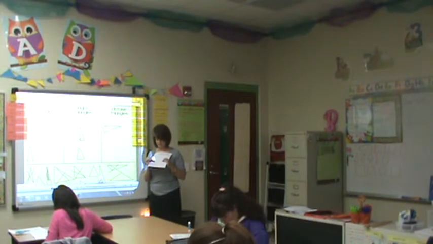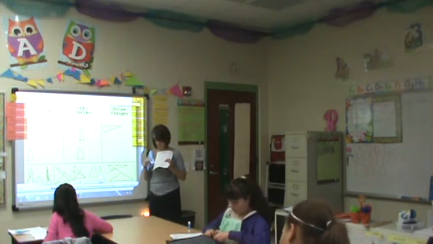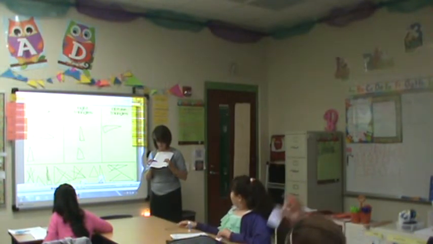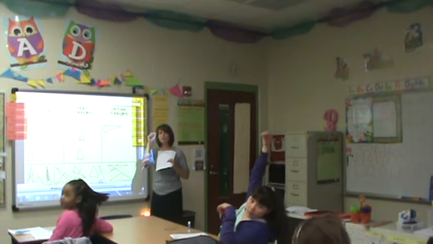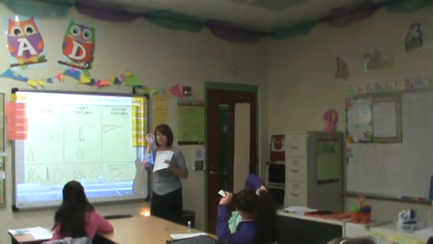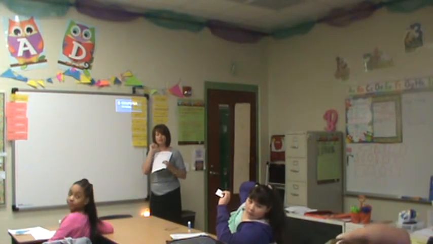Just about out of time. Everybody be measuring so you can help her out. Remember your little circle. Okay, so Kaya said one of those angles was 80. Remember your little corner has to go in that little circle and you line up your line. What do you think? This will be our last one.